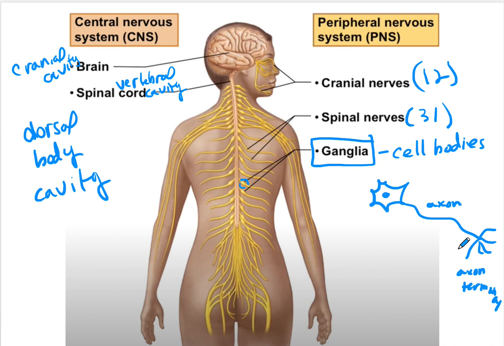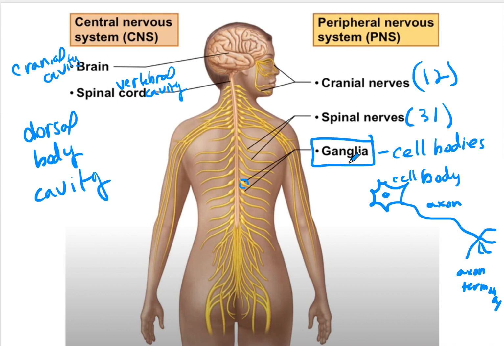The cell body is where the nucleus is found. A ganglion is a cluster of cell bodies. A whole bunch of these nerve cells have their cell bodies clustered in this little thing called a ganglia, and all the axons extend out from the ganglia. We'll talk more about it in a bit.